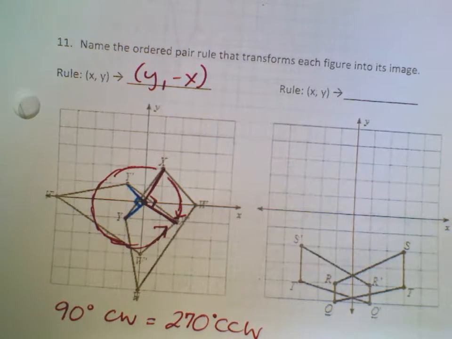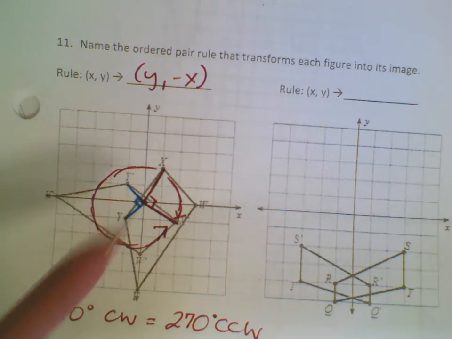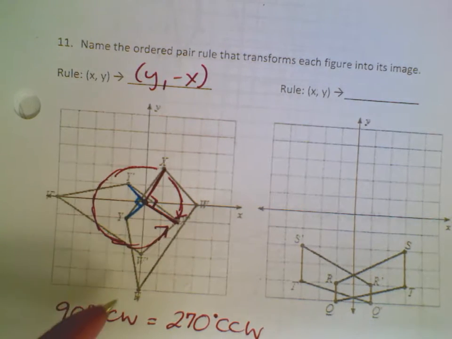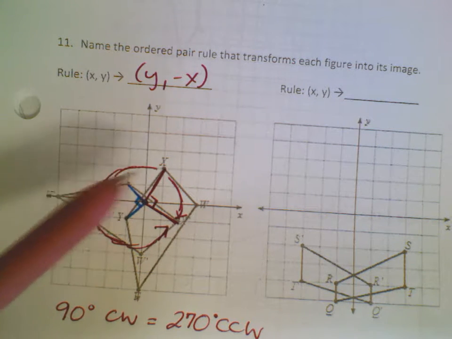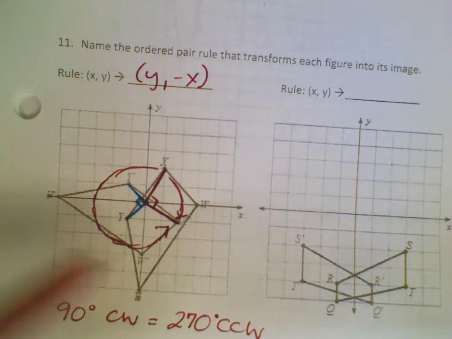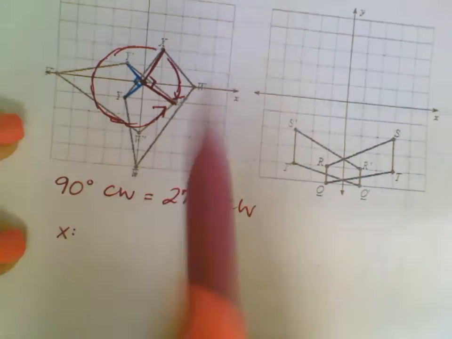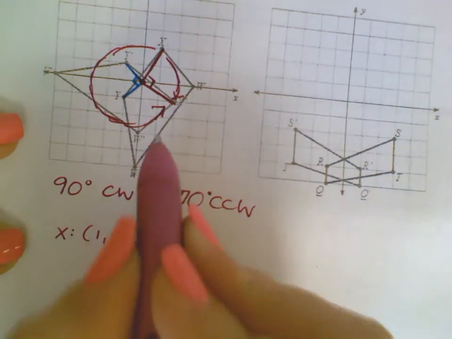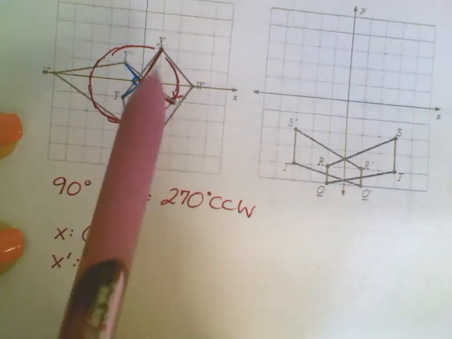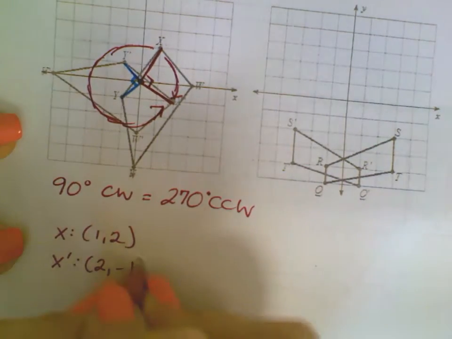Or, if you didn't want to do it like that, you could have written out all of your coordinates for x, y, w, I think this is a z, and then compared them to your x prime, y prime, w prime, and z prime. And you could have said, okay, my x is at (1, 2), and x prime is at (2, -1).